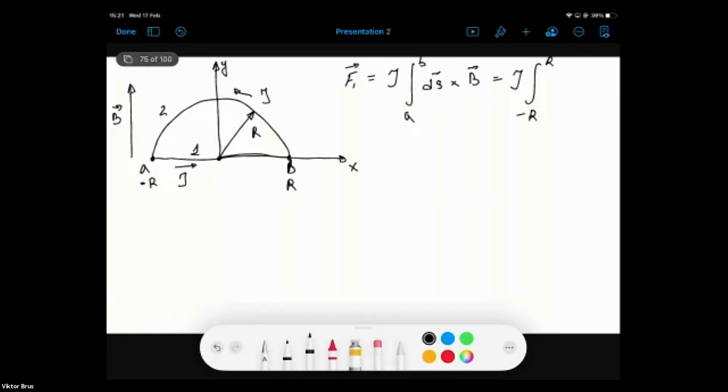And then it's straight and perpendicular to the direction of the magnetic field. So that's why it will be the sine of 90 degrees of this vector product. So we have unity, and our direction we need to define: in which direction it will go.